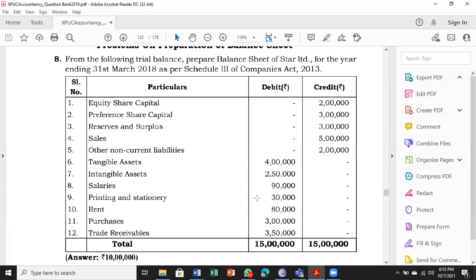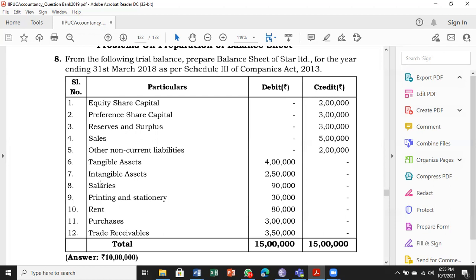Next, salaries is an expense, printing and stationery is an expense, rent 80,000 debit is an expense. Remember, rent, if the amount is on the credit side, it is rent received. If the amount is on the debit side, it is rent paid. So 80,000 is rent paid. It is an expense. Next, purchase of goods, amount paid, so expenses.